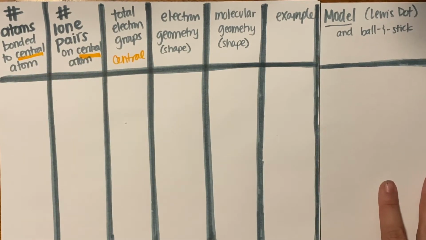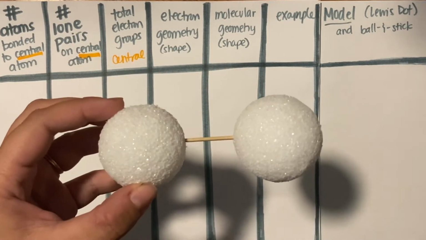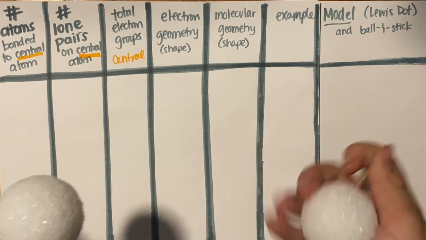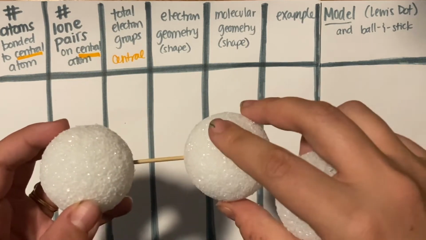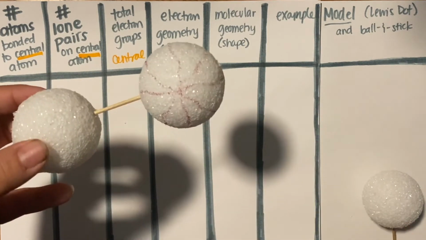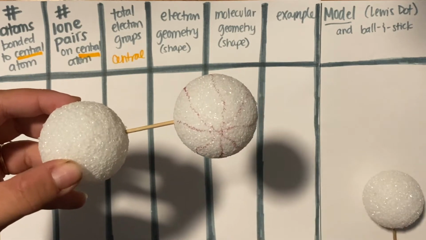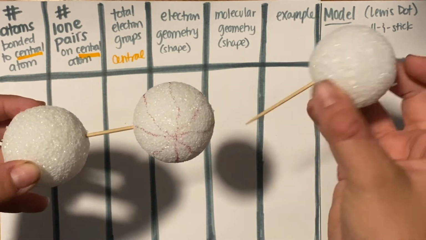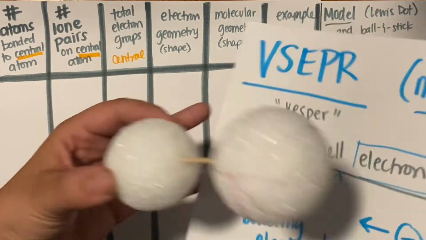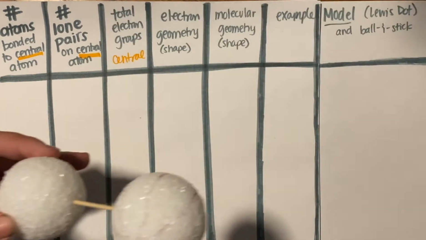So the easiest, most simplified way that we can do VSEPR would be to add 1 more atom, and this is going to be my central one. Maybe I should color it. There we go, my beautiful coloring on my styrofoam ball. This is always going to be our central atom. If I add another atom, it's going to bond to my central atom. What VSEPR tells us is that electrons repel each other. They don't want to be near each other.